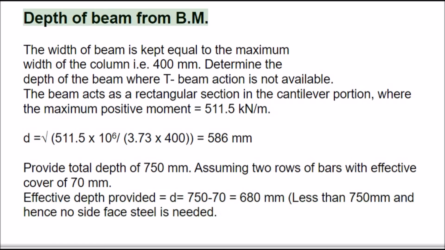Depth of beam from BM. The width of beam is kept equal to the maximum width of the column, i.e. 400 mm. Determine the depth of the beam where T-beam action is not available.